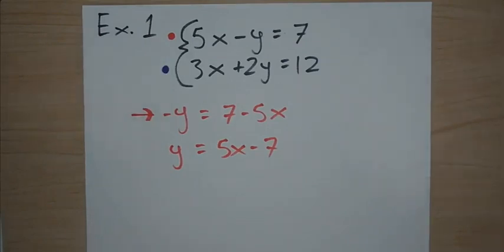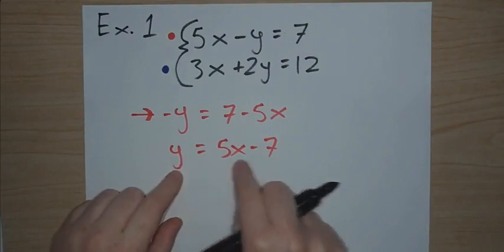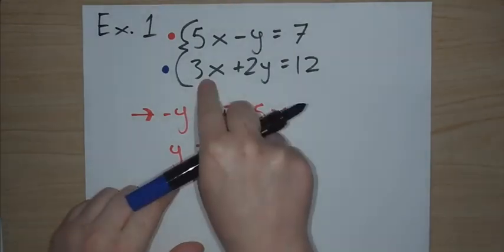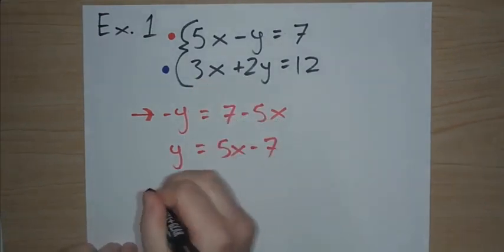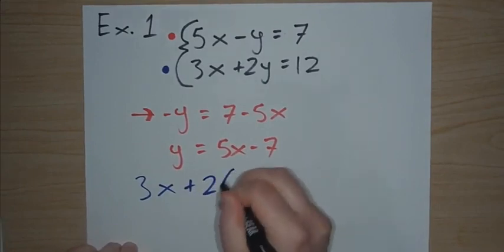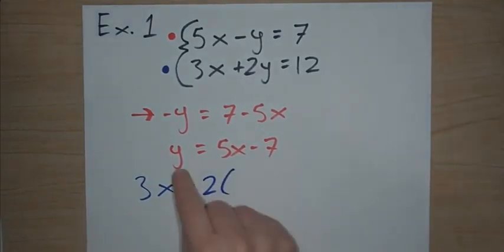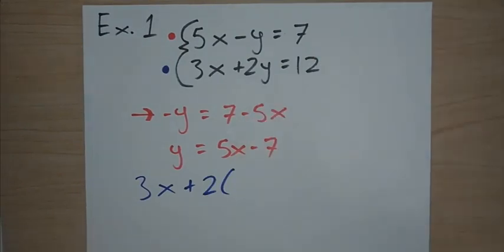And what we're going to do now is we're going to substitute this y is equal to 5x minus 7 into the second equation here. So taking that, we have 3x plus 2, and we're going to use this y is equal to 5x minus 7 for this y right here.